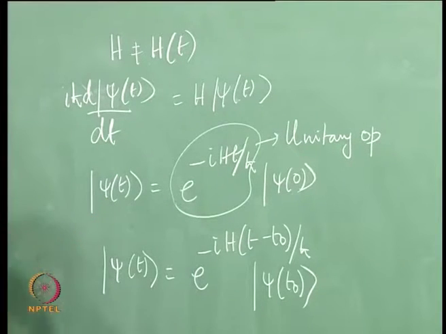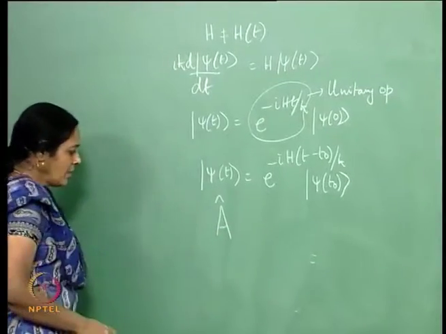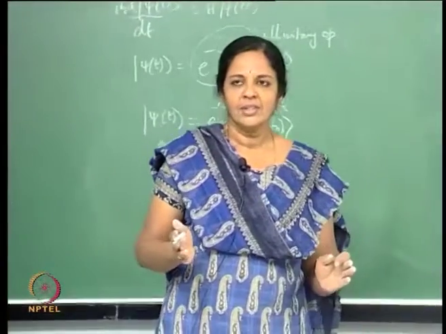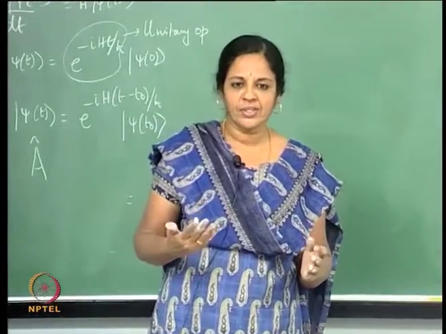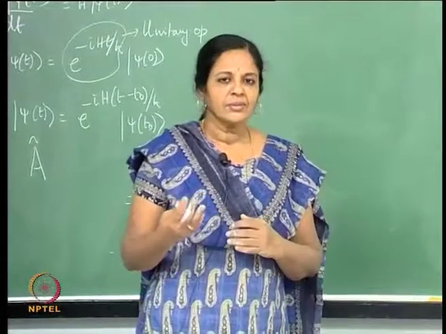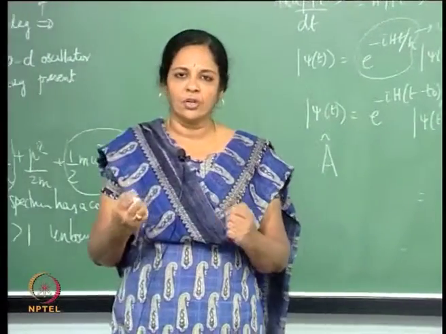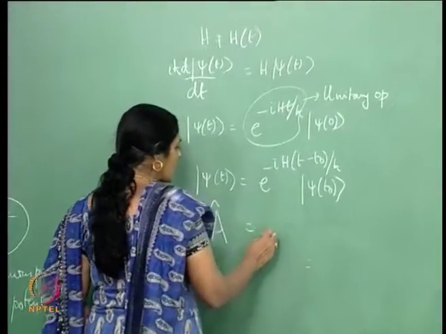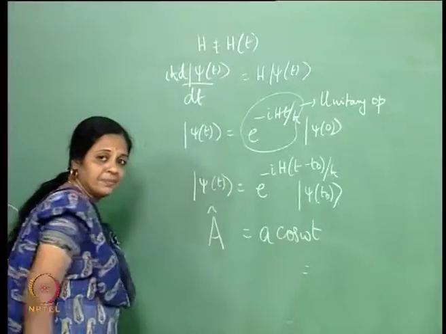So, given psi of t, what about the operators? Consider an operator A. The operator itself, of course, is a linear operator. The operator itself does not evolve in time in the following sense. There is no evolution equation which tells you how exactly this operator evolves. On the other hand, nothing prevents this operator from having an explicit time dependence.